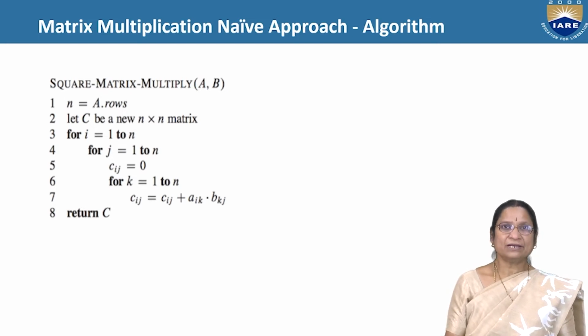As part of that, let us assume that we are multiplying two matrices A and B, each having n rows and n columns. We will get a C matrix of n rows and n columns.